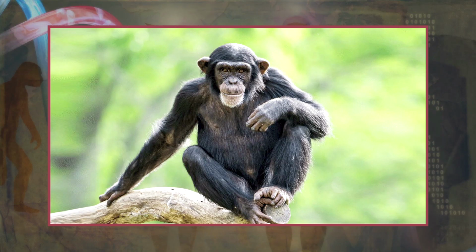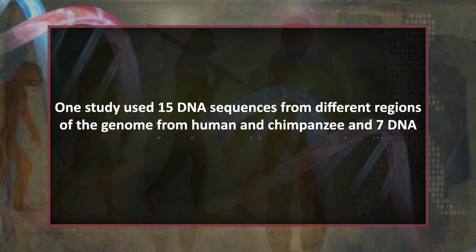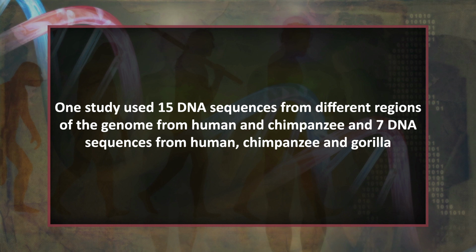Even if we cannot tell absolute divergence times exactly, we can be pretty sure that the divergence time between chimpanzees and humans is about 6-fold shorter than between chimpanzees or humans and monkeys. One study used 15 DNA sequences from different regions of the genome from human and chimpanzee and 7 DNA sequences from human, chimpanzee, and gorillas.